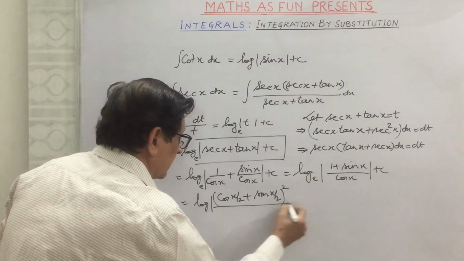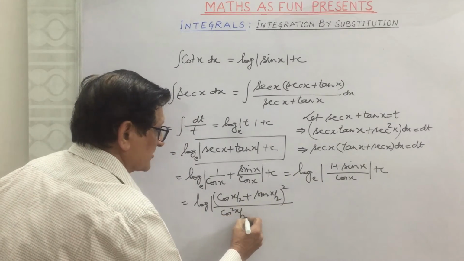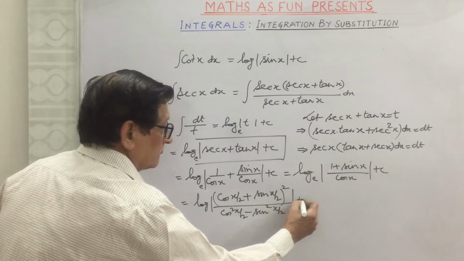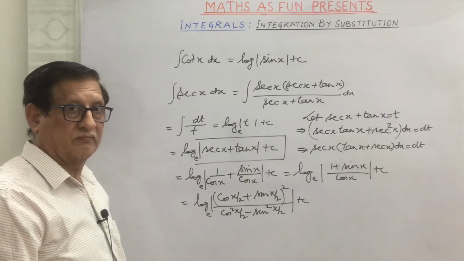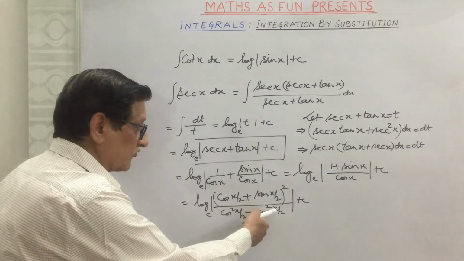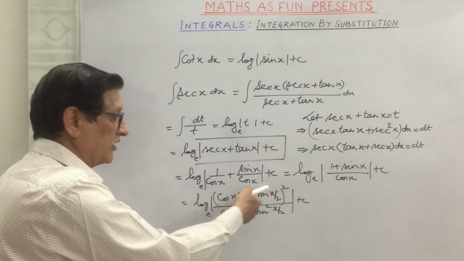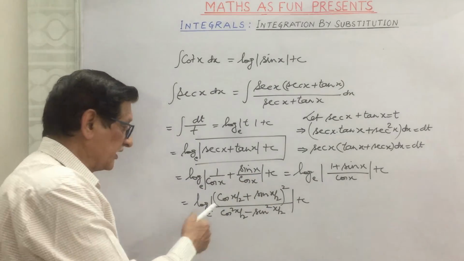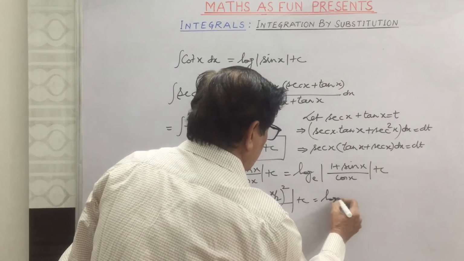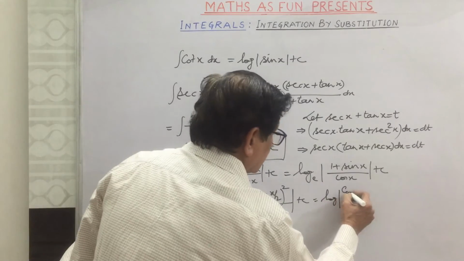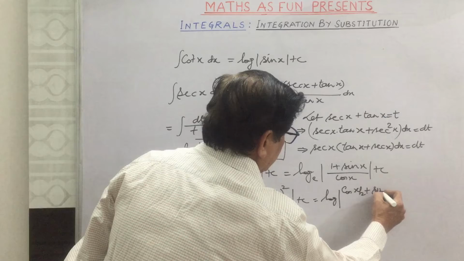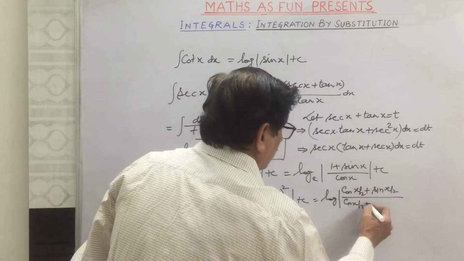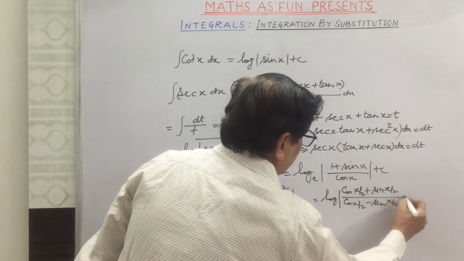Cos x can be written as cos square x by 2 minus sin square x by 2. If we make the factors of it, one of the factors, cos x by 2 plus sin x by 2, will be cancelled out here. And then we will be left with log of cos x by 2 plus sin x by 2 upon cos x by 2 minus sin x by 2.